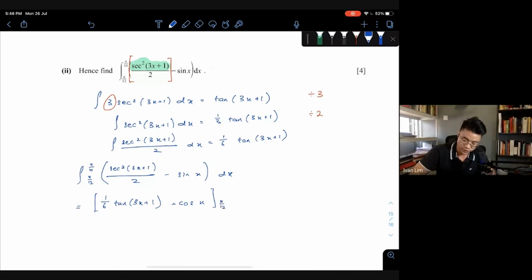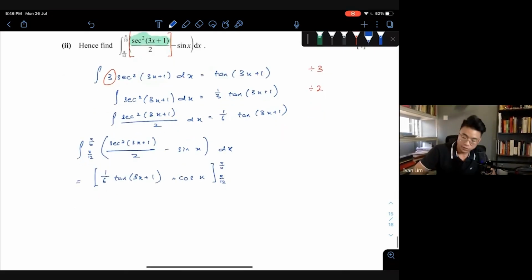I sub in the value: 1 over 6 tangent (3 pi over 10 plus 1) plus cos pi over 10, minus 1 over 6 tangent (pi over 4 plus 1) plus cos pi over 12.